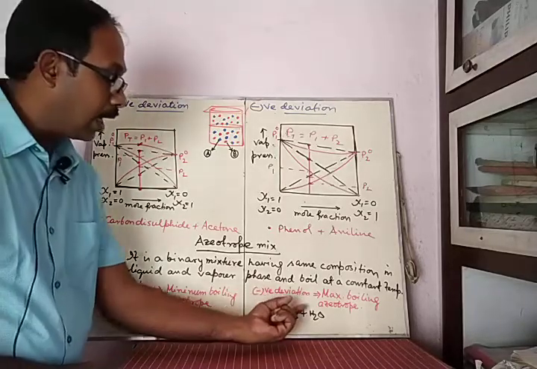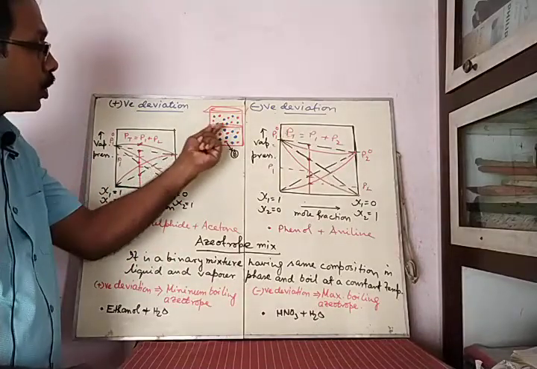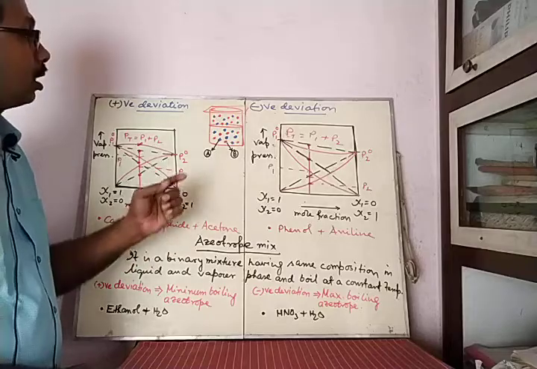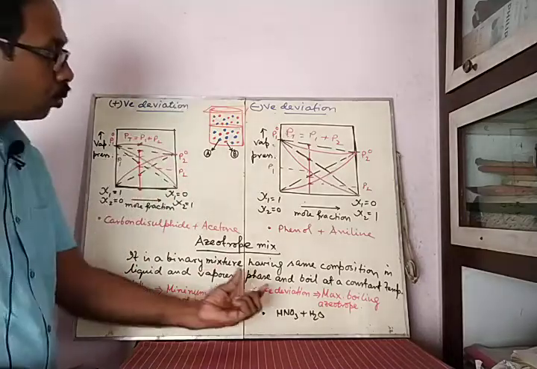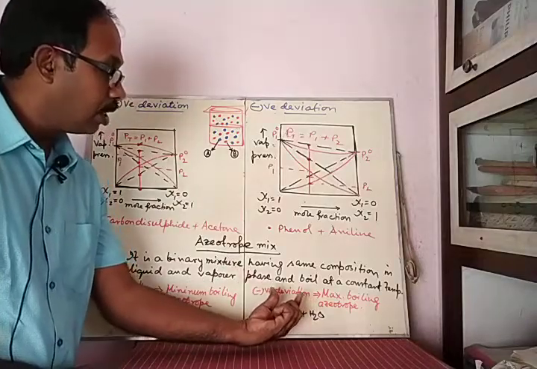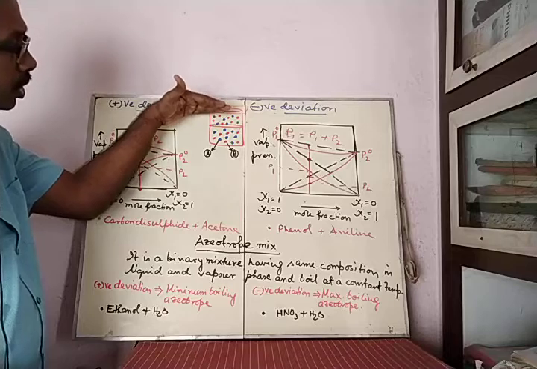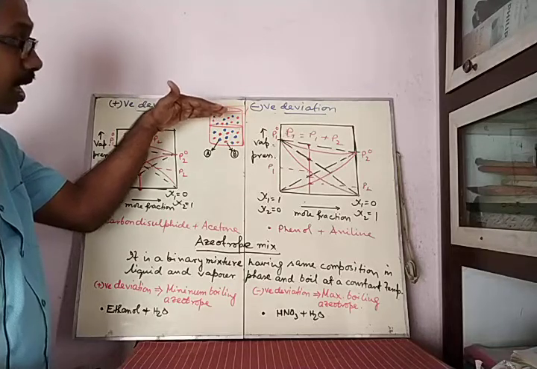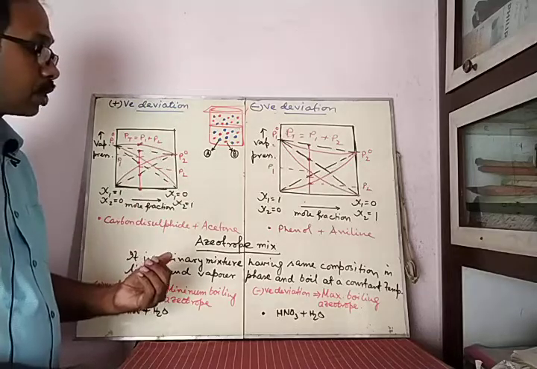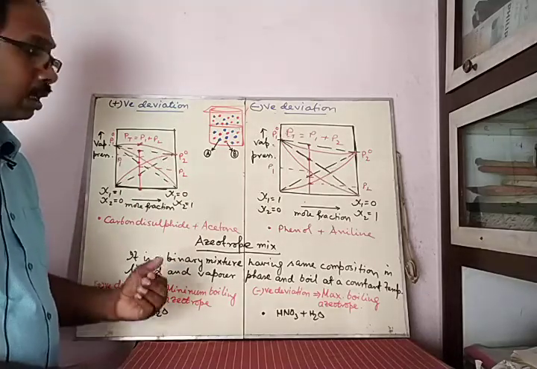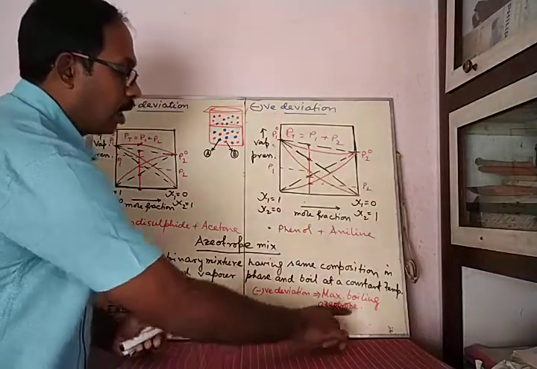And in case of negative deviation, what happens? The vapor pressure here becomes less than the expected value. Since intermolecular attraction is increasing here, the vapor pressure on the surface becomes less than the expected value, and thus due to lesser vapor pressure the solution mixture boils at a higher temperature than the expected value, and it is called maximum boiling azeotrope.